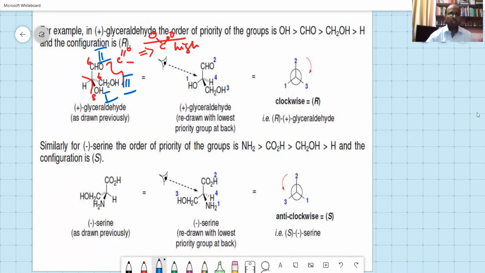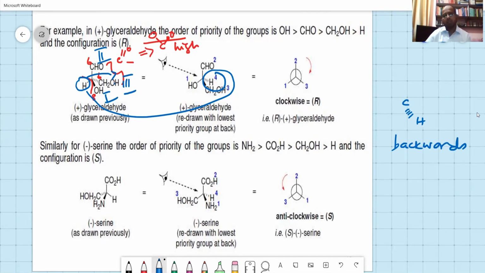So what you have done? You have brought this H here. That is this H. Okay, so dashed line is there, backwards. Okay, then you have this OH.